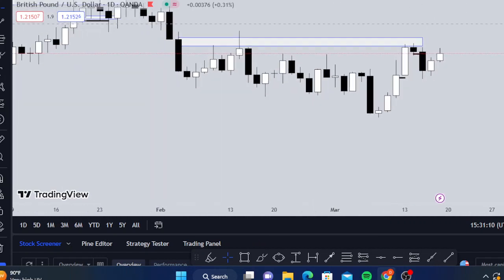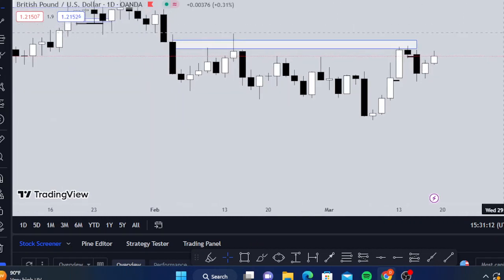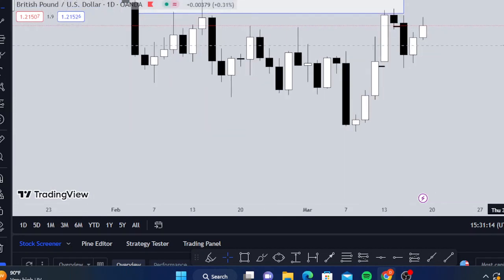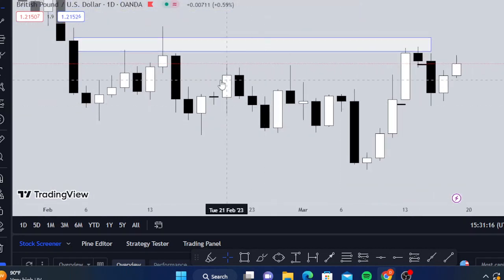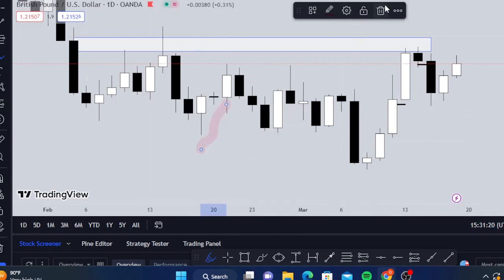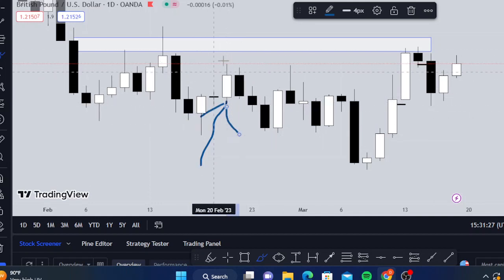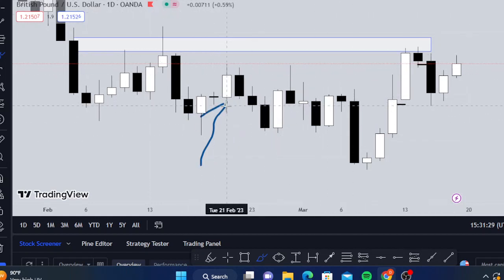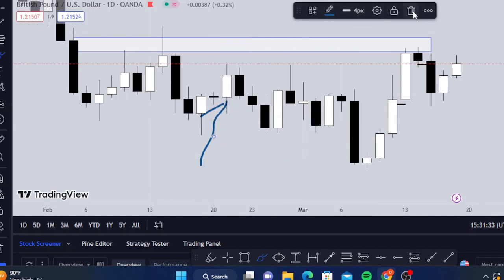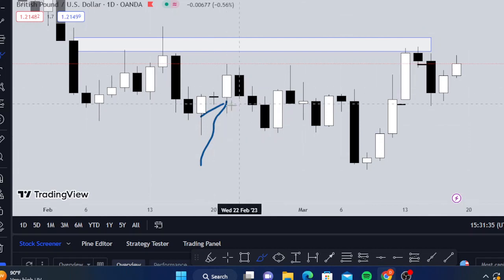So guys, let me show you another pair. You can see this place. See this candlestick. This candlestick has a lower wick forming at a resistance. If you check it critically, you will discover that this candlestick has a very long lower wick.